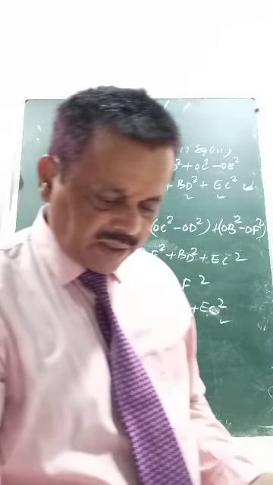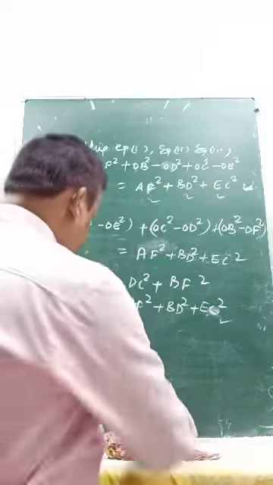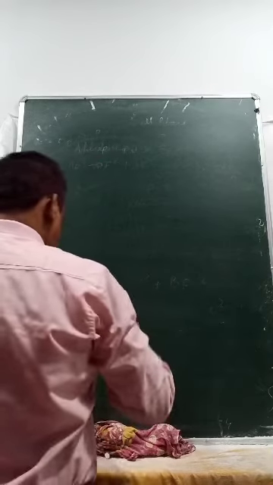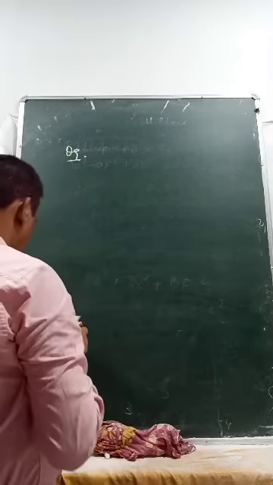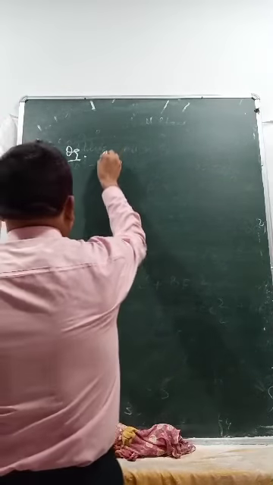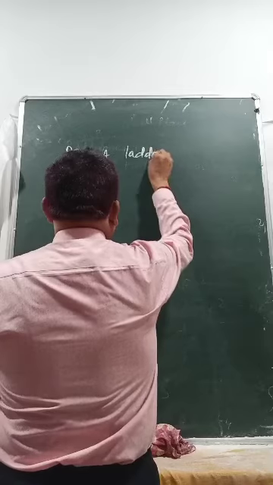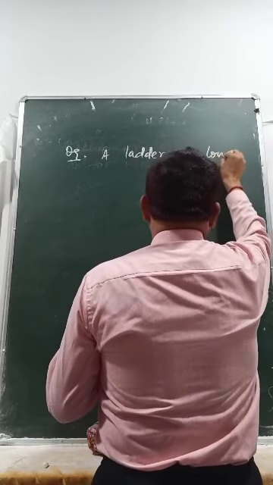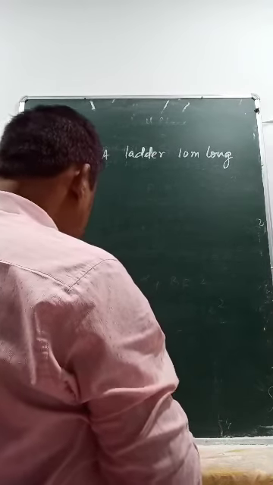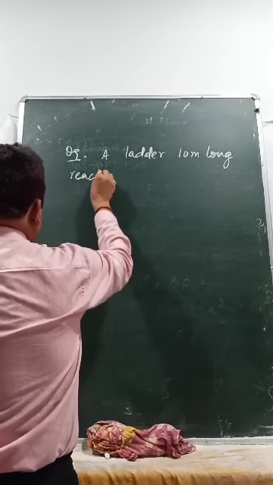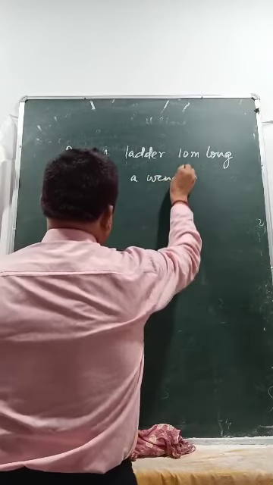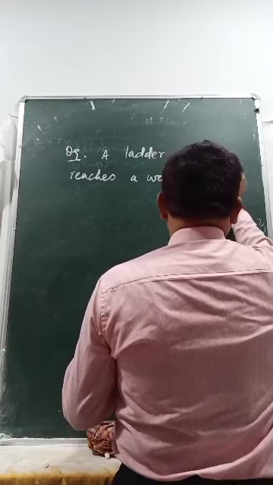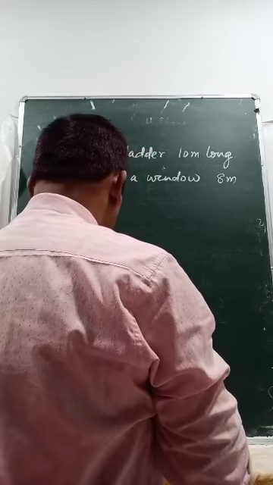Question number 9. It's a very simple question. A ladder 10 meter long reaches a window 8 meters above the ground.